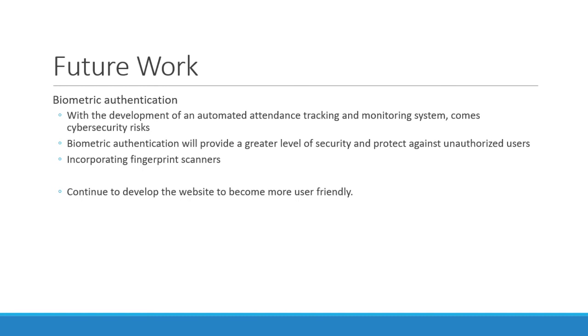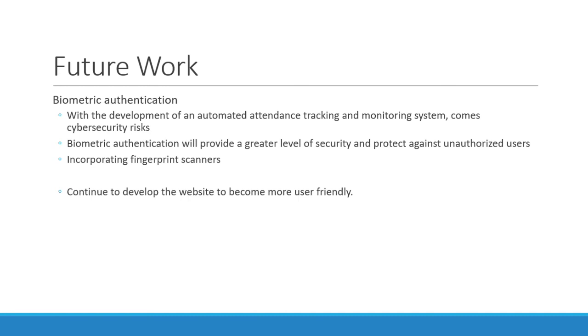And then if the system becomes very reliable, very secure, and very good at individual authentication, it can be used on a wider scale for tests, for tracking, and for individual authentication in many situations on campus. It'll just provide a greater level of security against unauthorized users.